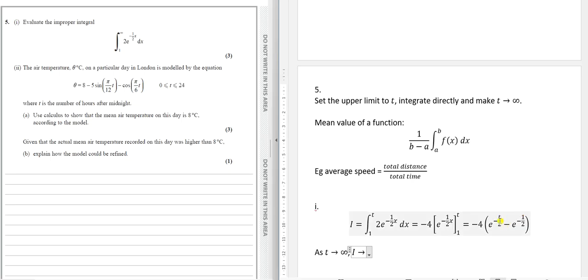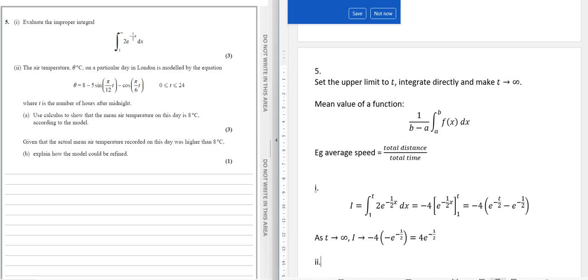If t gets bigger and bigger, we get e to the power of negative a massive number. So we get minus 4 lots of something which is approaching 0, because it's a negative exponent for the positive base, e to the power of a large negative gets you a very, very small number. And inside we'll just therefore have minus e to the minus a half, which is 4 e to the minus half, which you could also write as 4 over root e if you prefer. So that's my first 3 marks.